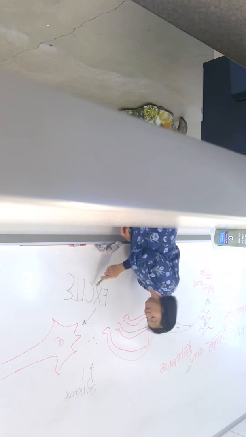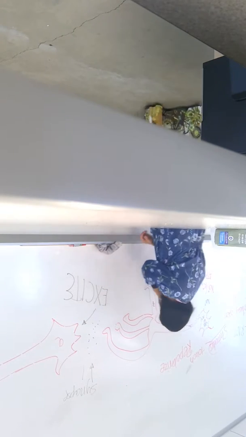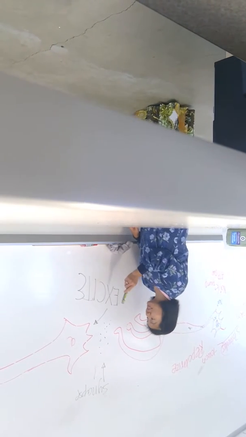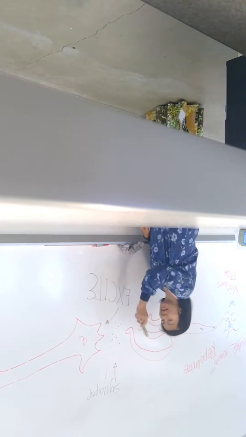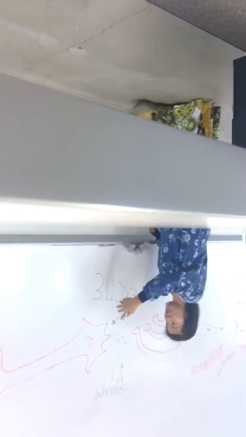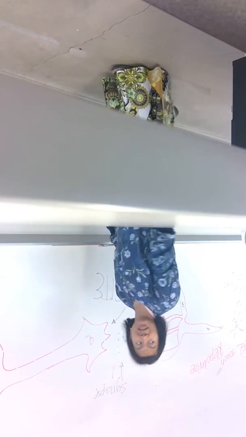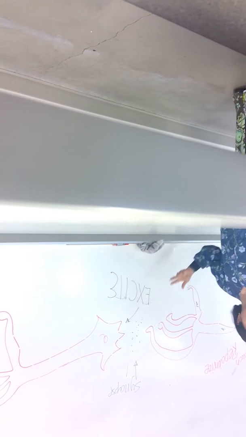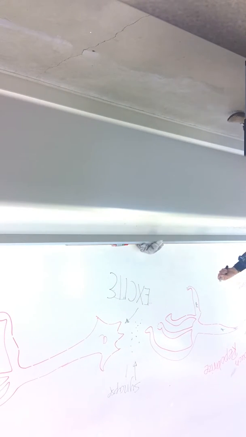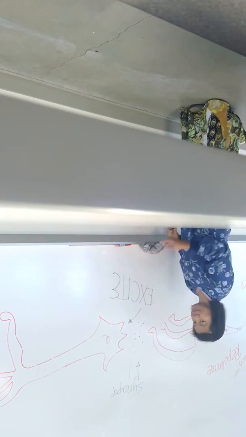So now we have an excitatory neurotransmitter here. Because it's excitatory, it will open up the same story, right? Same story, and it will generate action potential. Can you tell me the same story? If it's an excitatory neurotransmitter, what will happen?